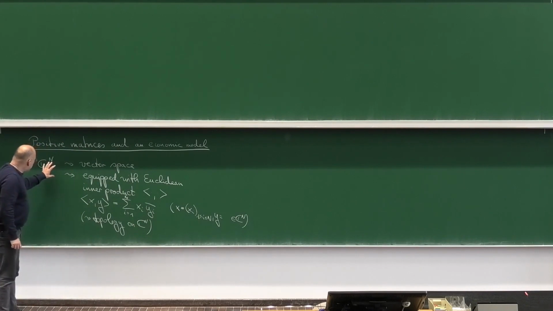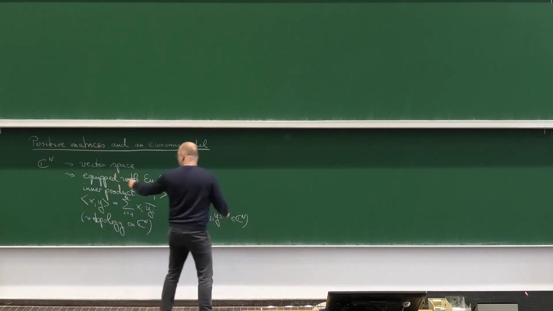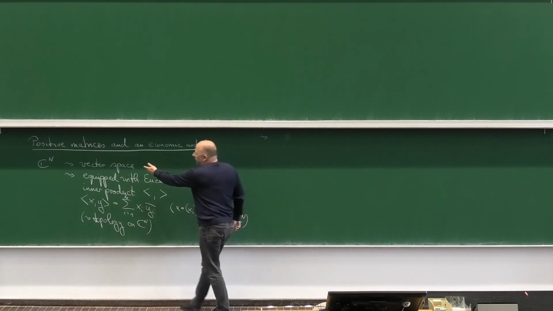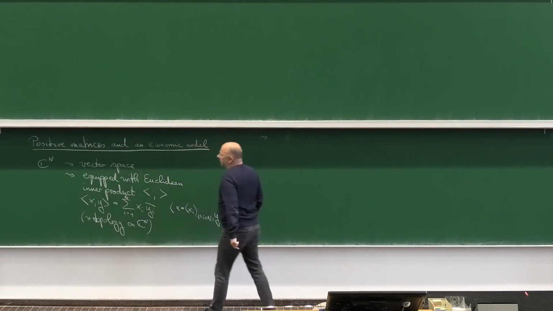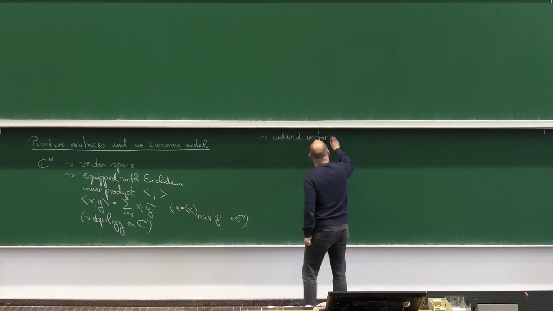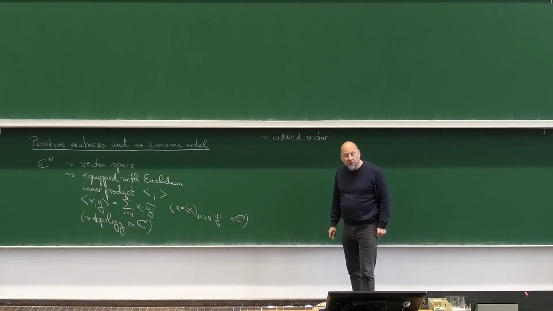But we will use one more structure of the space, and so that's a third point. It's not only a vector space, but Cn is an ordered vector space. So we have, like in the set of real numbers, the notion of positivity.